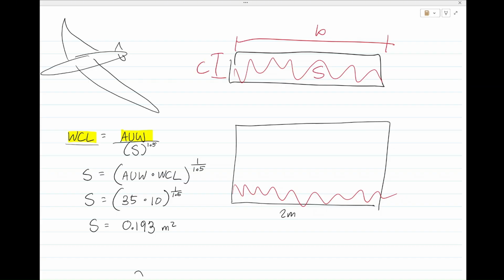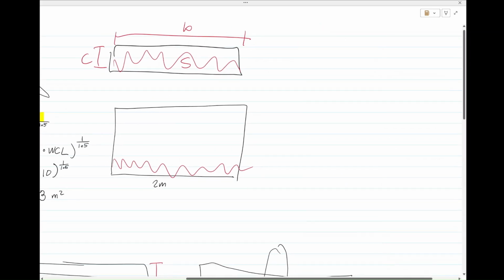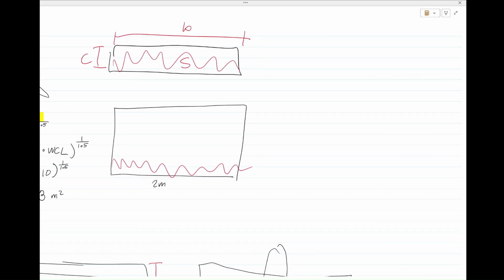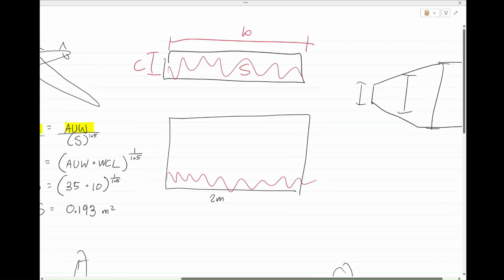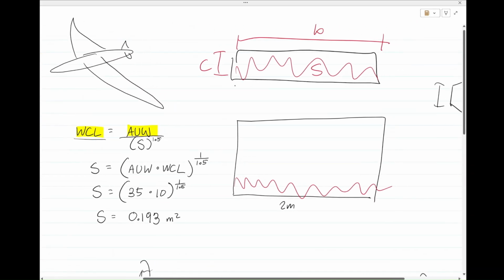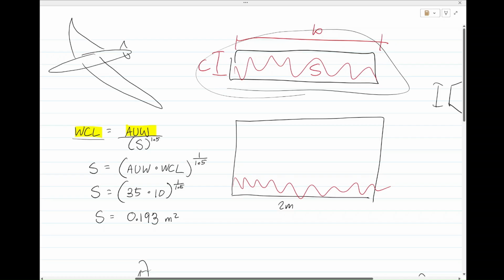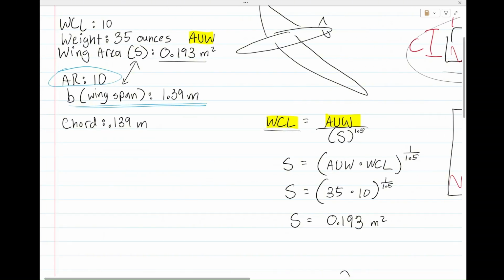So we have everything decided. I'm not going to go into this too much right now. If you choose to do a taper, your wing might actually end up looking like this, and that chord won't exactly be accurate. You're going to have a tip chord, you're going to have a mean aerodynamic chord, and you're going to have a root chord. We won't talk about that right now, but now we know our wing is fully initially sized.